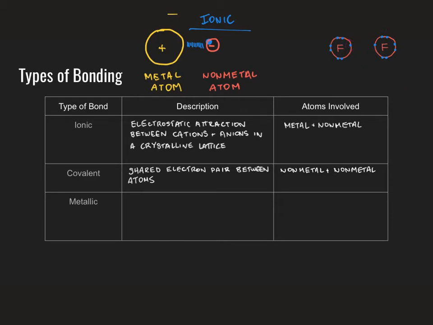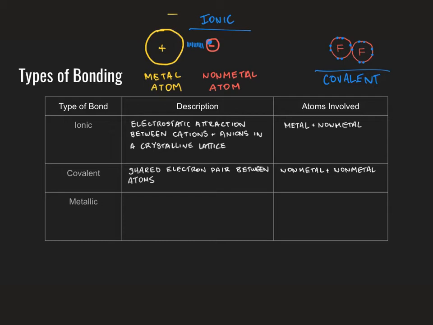But instead of transferring the electrons, if we do bring those two fluorine atoms close together, we can find a position where we put the electrons between the two nuclei, in which case they're attracted to both the nucleus of one atom and the other, which is therefore going to lower the overall potential energy of those electrons and make for a stable bonding configuration. So that is our covalent bonding model, again, between non-metallic elements generally.